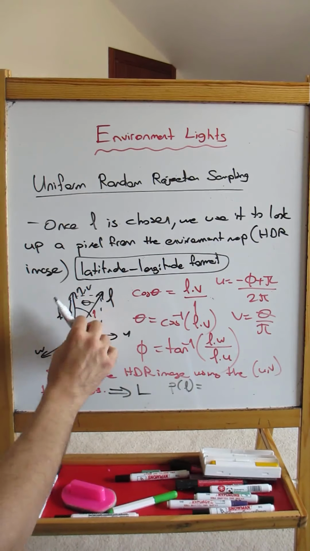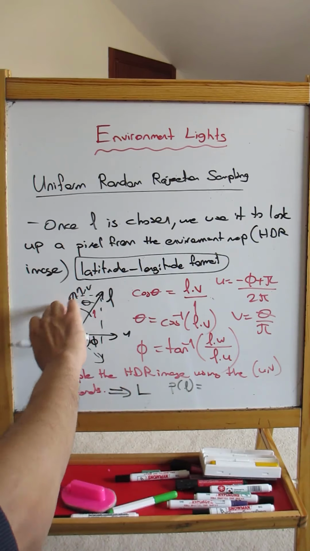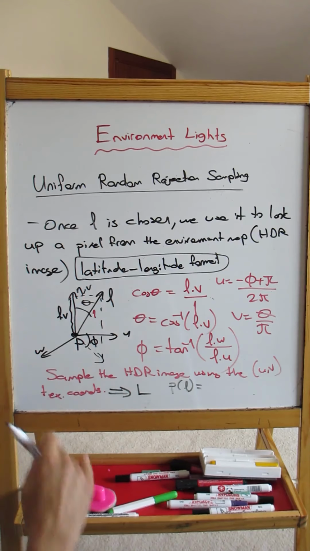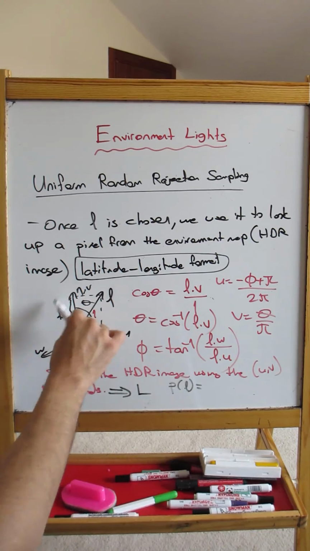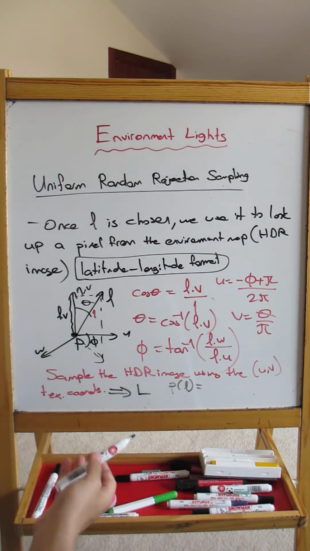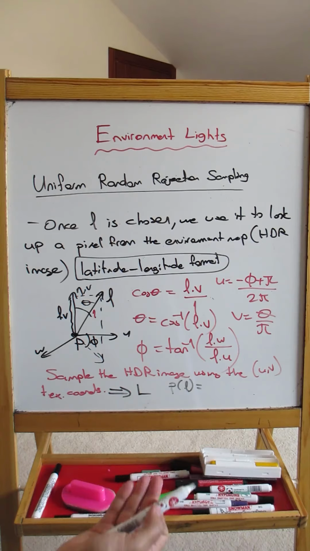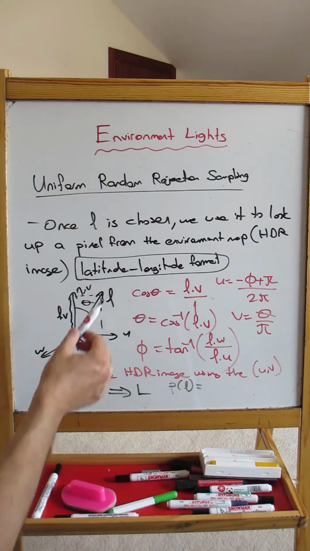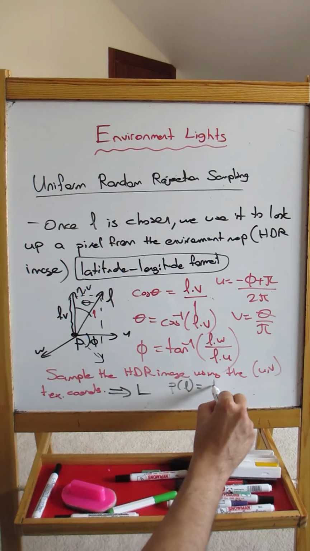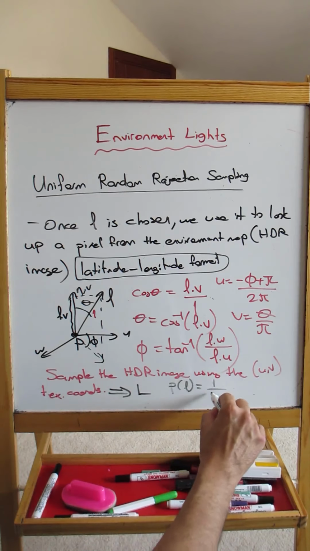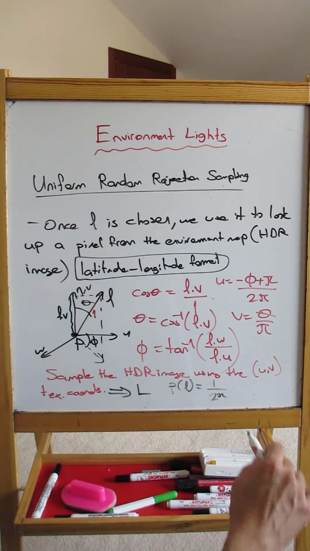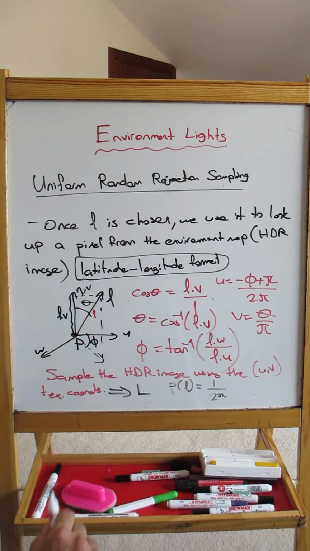The half sphere has a total solid angle of 2 pi, so the probability of selecting one direction in this upper hemisphere is 1 over 2 pi.